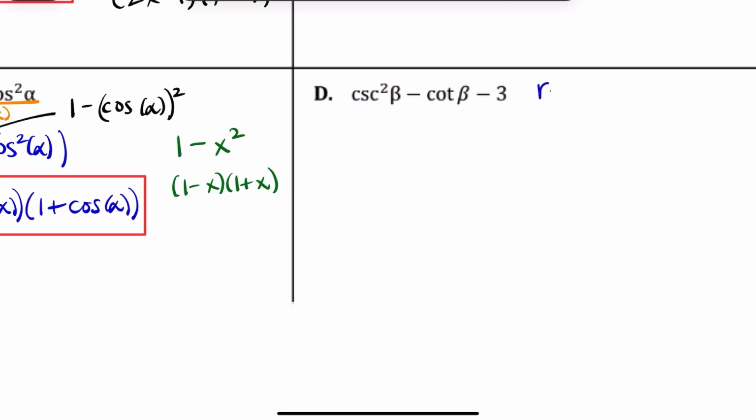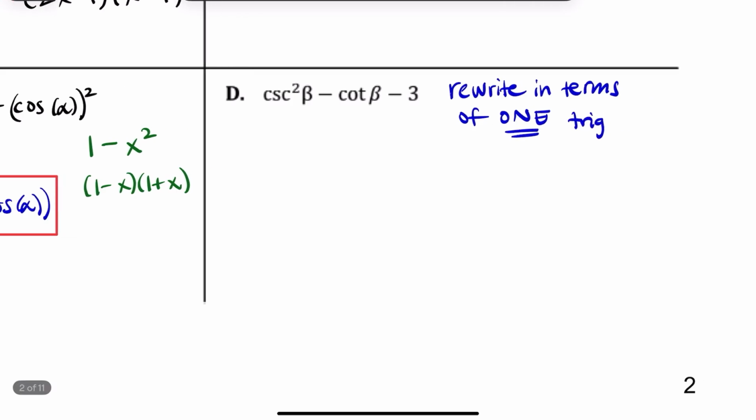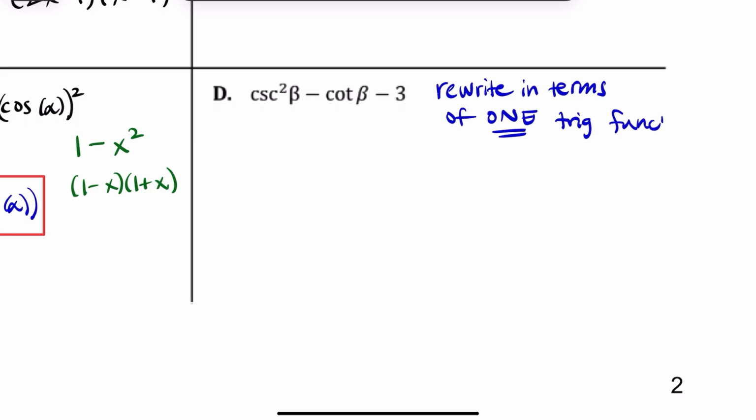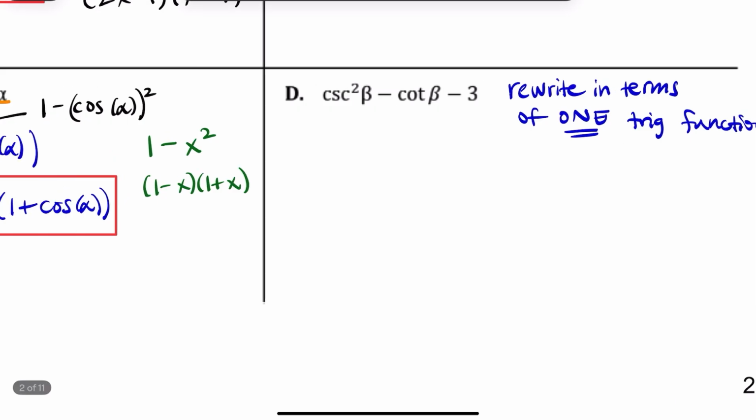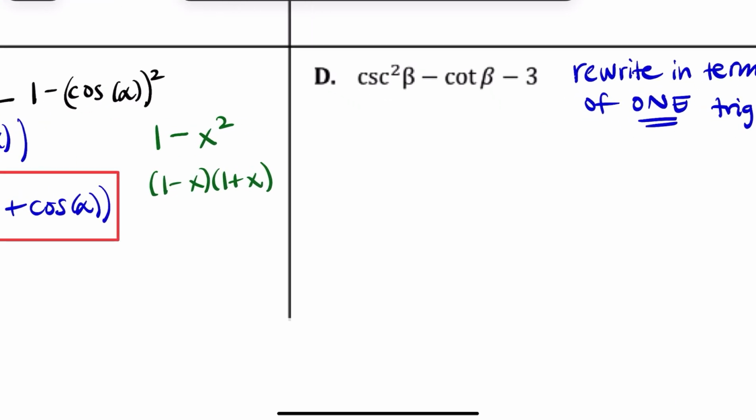So what am I going to do? Well, I noticed that I have a cotangent beta, and since that is not being squared, I probably want to see if I can write this expression just in terms of cotangent.